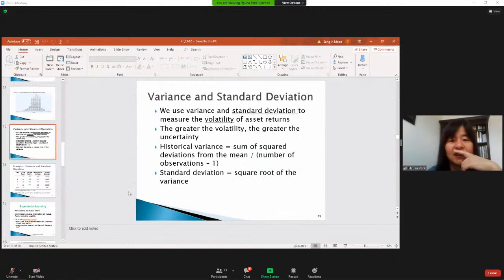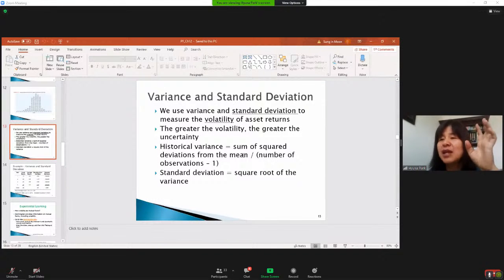Standard deviation is the square root of variance, and variance based on historical 2019 data is the sum of squared deviations from the mean. So you need to calculate the mean first. Use the 252 daily returns, calculate the average.